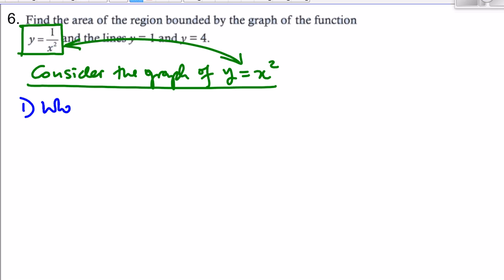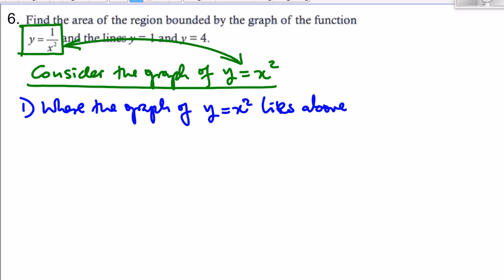Now, the first thing is where the graph of y is equals to x squared lies above the x-axis, the graph of y is equals to 1 over x squared will also be above the x-axis. So what I mean here is where the graph of y is equals to x squared lies above the x-axis.